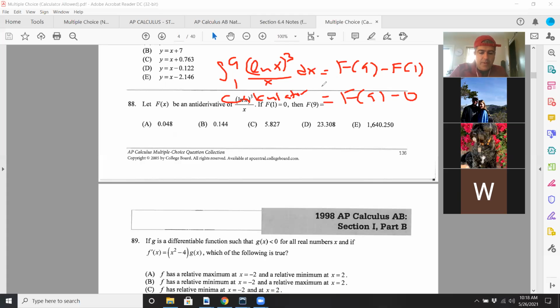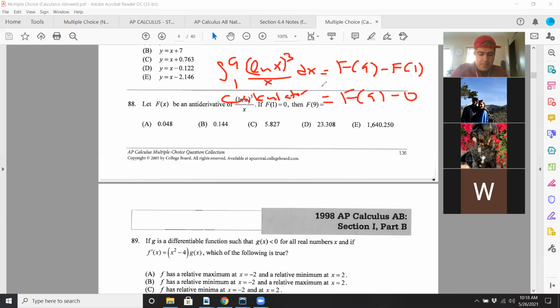So I go alpha window, pick option 4, which is fnInt, go from 1 to 9 for your limits of integration. Because again, they told you that capital F of x is the antiderivative, right? So I want to do the definite integral because it's going to equal F of 9 minus F of 1 as part of FTC part 2.